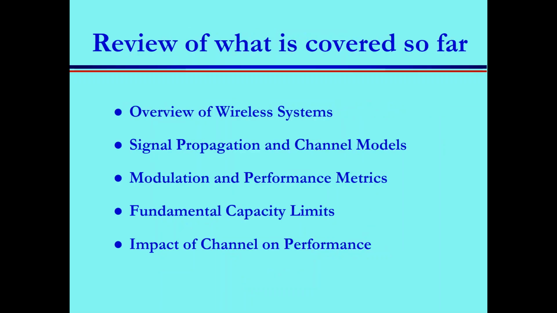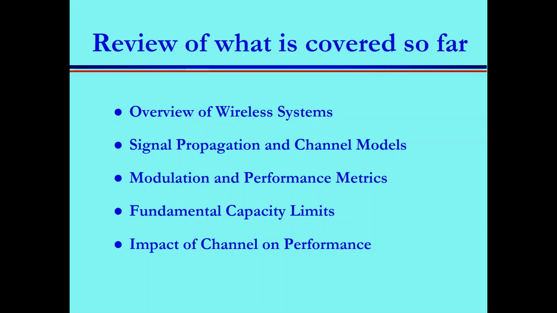So, up until now, we have given you an overview about the wireless systems. Then we discussed the channel properties and channel models. We studied them extensively. And then after that, we studied modulation schemes and their performance metrics and how to measure its performance in terms of bit error rate or simple probability of error.